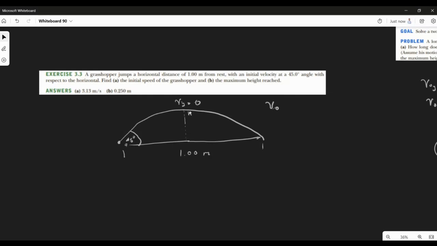This is where the maximum height is reached, and T max occurs here. The x direction will be 2 times T max. It's basically what we've just done in the previous example. All the example exercises are always close to each other.